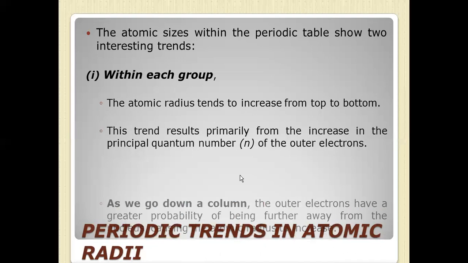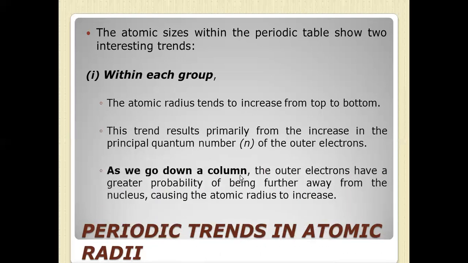Therefore the distance between the nucleus and the valence electron will also be higher, and the radius increases. That's why they say down the group, down the column, the atomic radius is increasing.